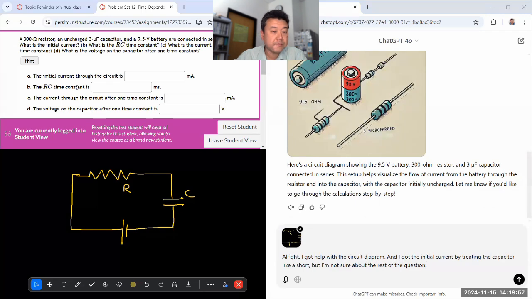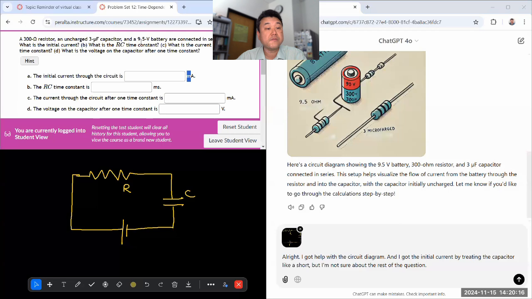So this being a short, the current should be voltage 9.5 divided by the resistance 300. So let me say that's 0.3 kilo ohm, because kilo will convert to milli when I do the division.